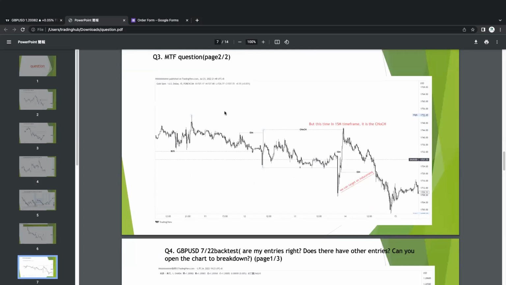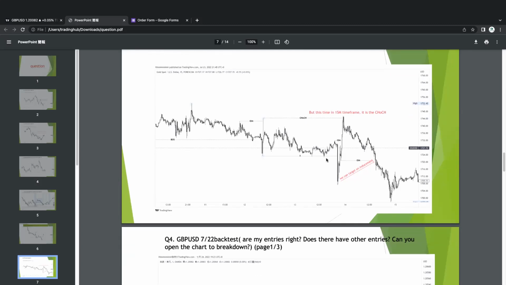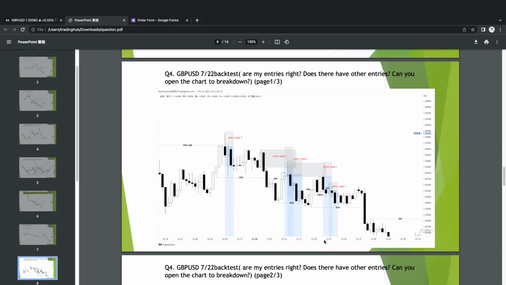Okay, this is a multi-time frame question. This one is a BOS here. Inducement sweep, these are liquidity. Taken out inducement and CHoCH. One more thing you have to understand: let me add here. In a bearish market and bullish market, it does not work every time.